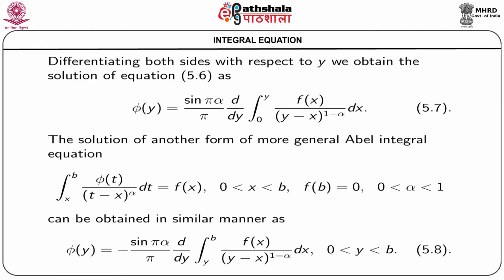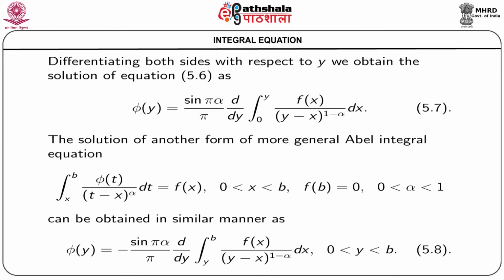So, this is the solution of the Abel's integral equation, where the upper range of integration is variable. Next, we consider this general Abel integral equation where the lower range of integration is variable. That is, integral from x to b phi t divided by t minus x to the power alpha dt equal to fx.